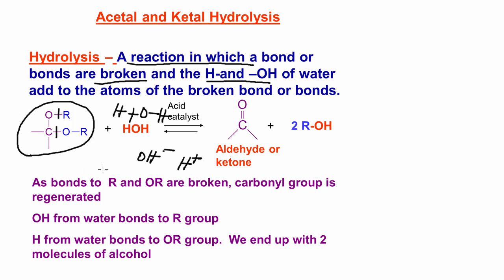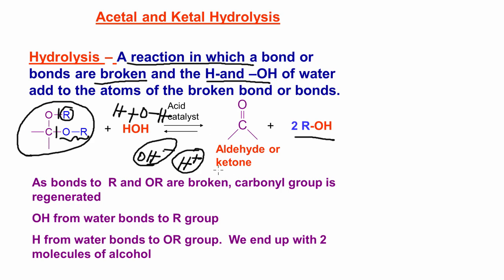And so the hydroxide ion from the water is going to bond to the R group, if you will, okay. So it's going to bond to this, and that's going to form 1 molecule of the alcohol. And then the hydrogen ion from the water is going to bond to this OR group, forming the 2nd molecule of alcohol.